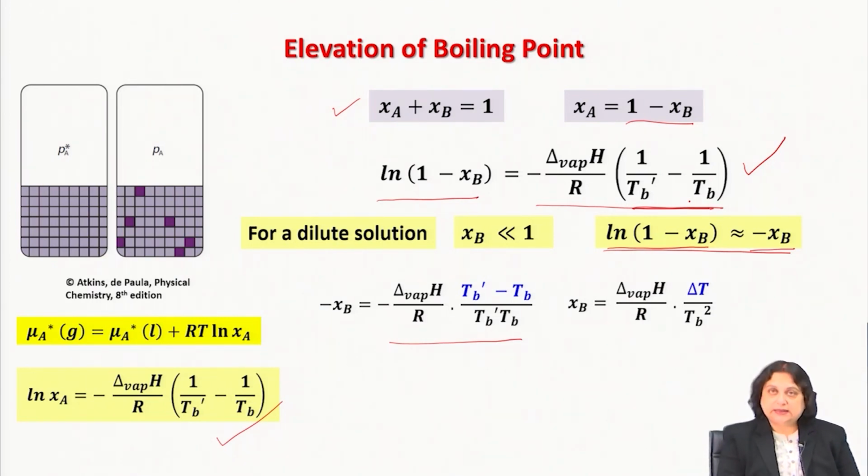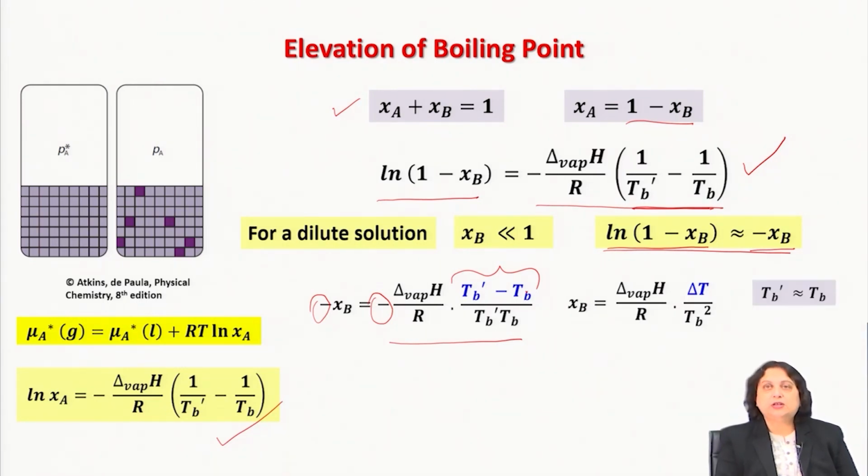Now, what is it that I have put in here? I have taken off the two negative signs from both sides of this equation. Also, I have noticed that this delta Tb prime minus Tb, this is the delta T, that is the magnitude of elevation of boiling point because of the presence of the solute.